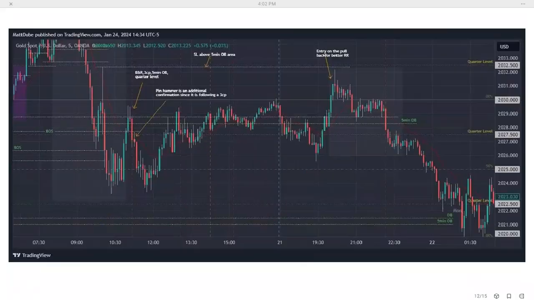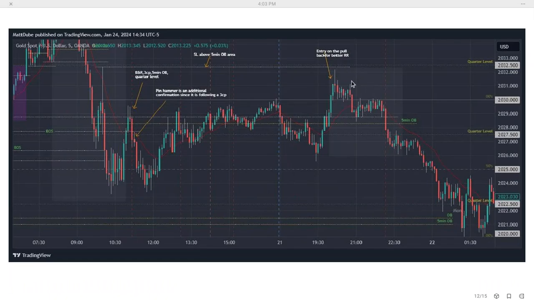And as you can see, stop loss above the 5 minute order block area. Trade taken here. Price would have eventually come all the way up here, as you can see, but wouldn't have taken out the stop loss. And price then continued going all the way down to the anticipated take profit level.